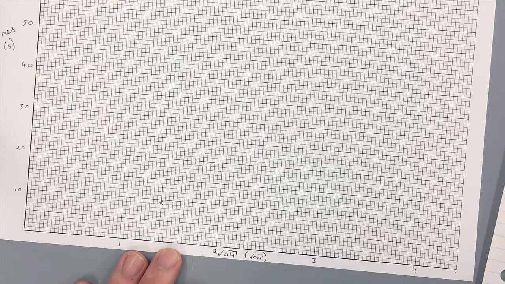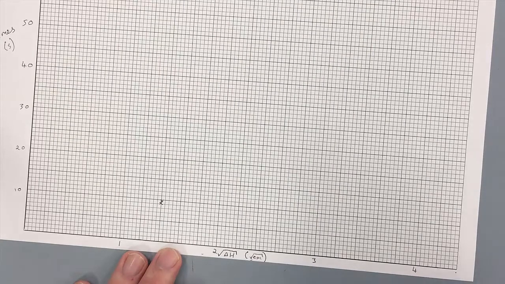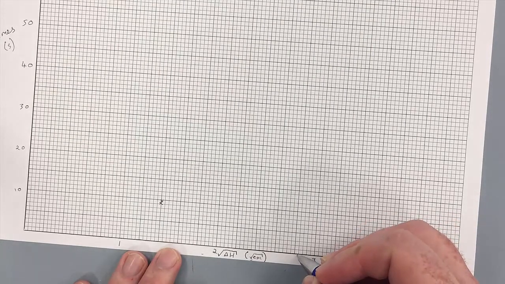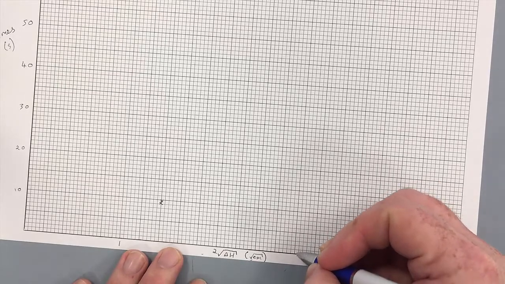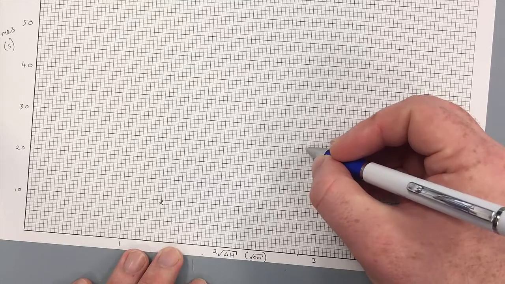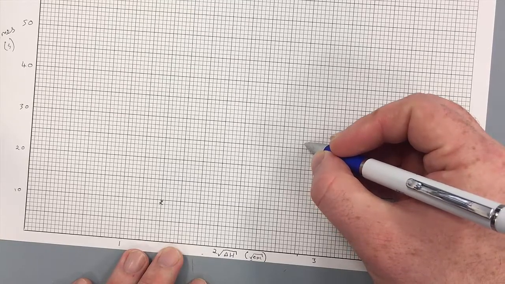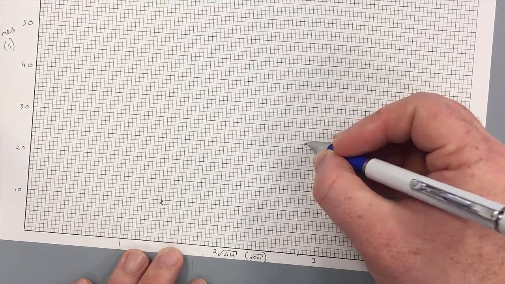So because my value there is 2.83, it's actually going to be closer to this little line rather than that main line of 2.8. So 26.04, so I'm going up from there to 26, and 0.04 is going to be almost right on, right on that line basically.